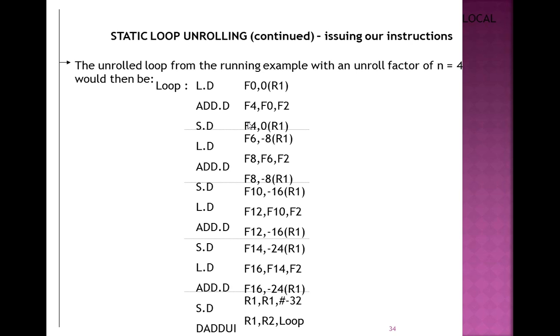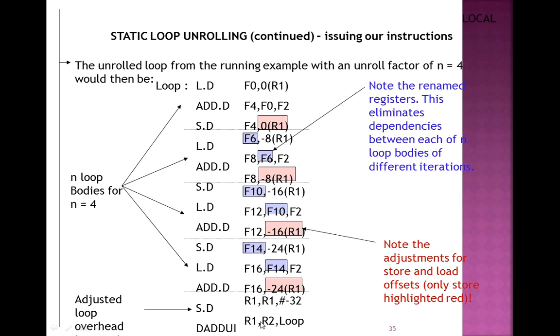So at each iteration LD is performed, then addition is performed, then SD is performed. Again LD, ADD, SD. In the same way, at last DADD is performed. This is the loop body with n equals 4.